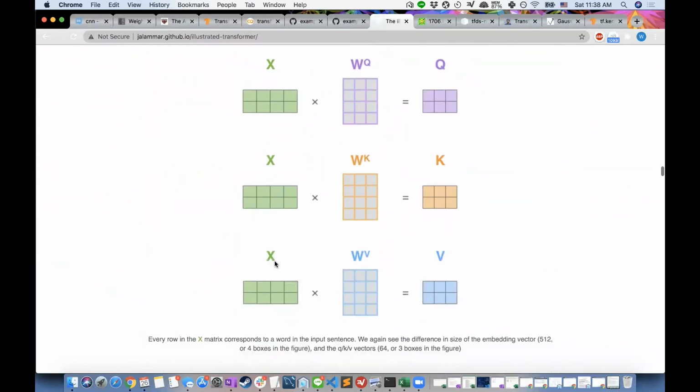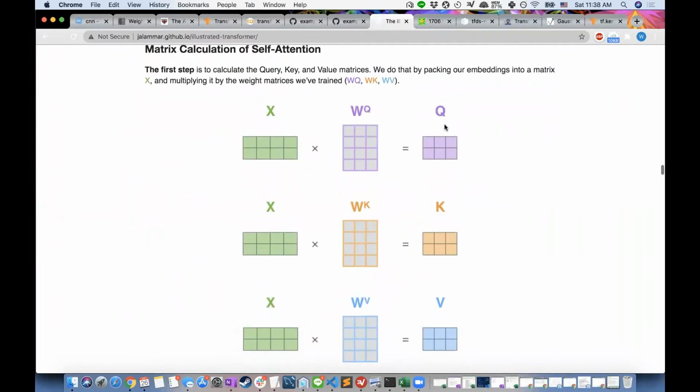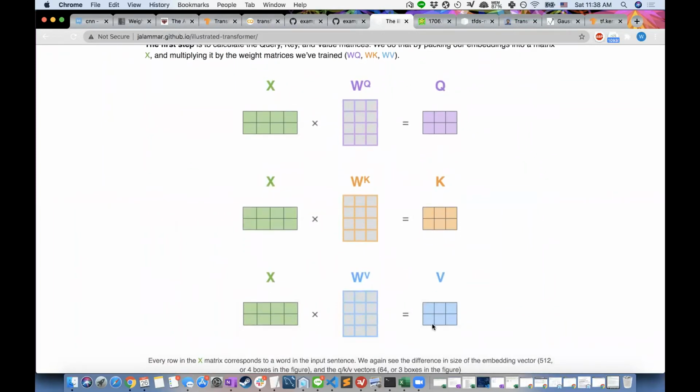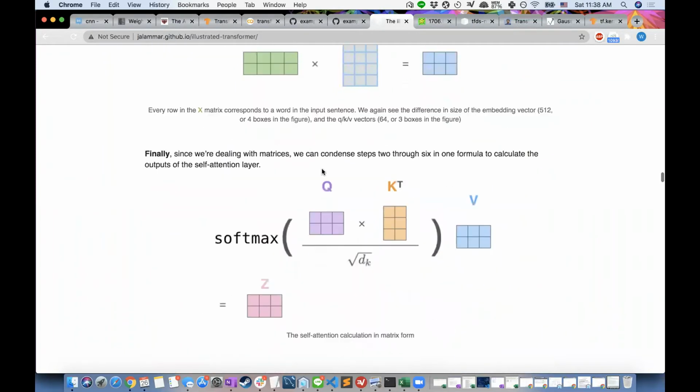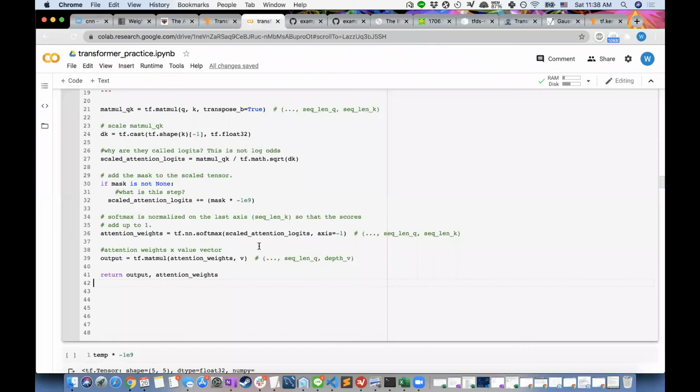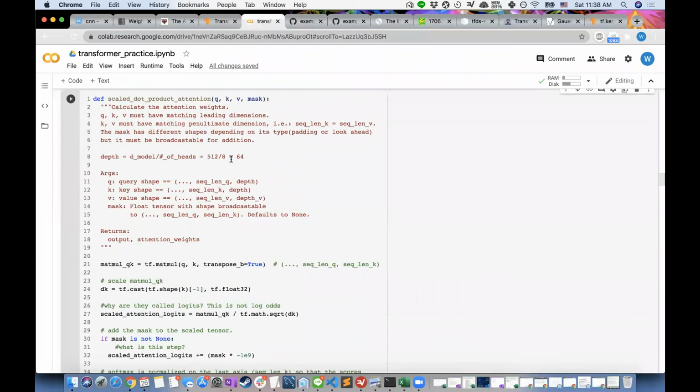And note that this in the transformer has already been split. We're just doing this, right? So in this case, the QKV has already been split. That means the column number is already 64 instead of 512. It's just not showing here because we're only doing the calculation here.